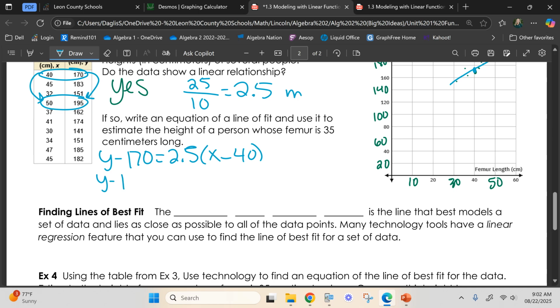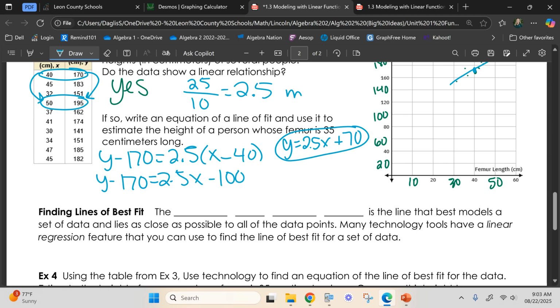I'm going to distribute that through to give me 2.5x, and then that gives me minus 100. I'm going to add the 170 over. We have the equation y equals 2.5x plus 70. Okay, so here's the equation of our line.